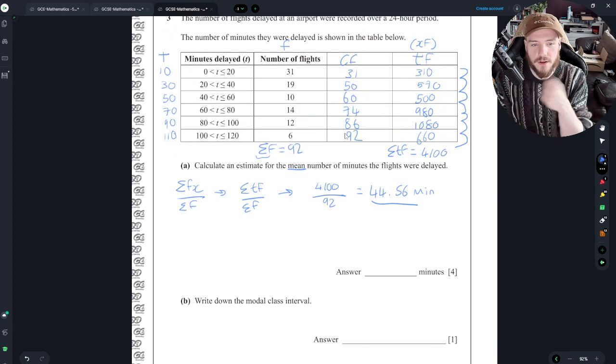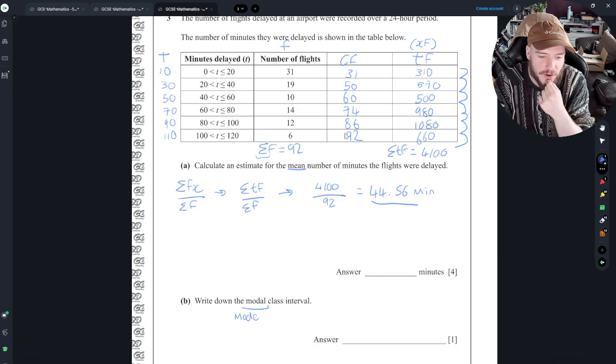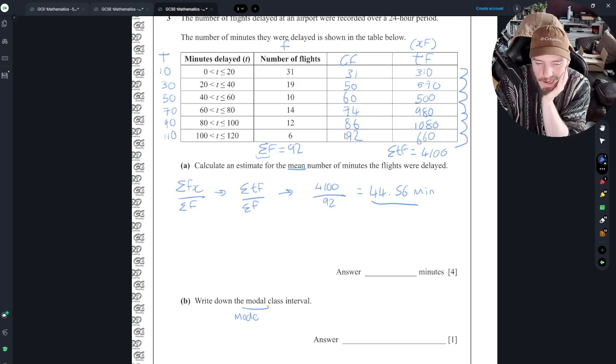So write down the modal class. Okay, now modal just means mode. A mode means the highest occurring or most frequent class. So we're looking for the class that has the highest frequency, and for me that would be our 31 flights.